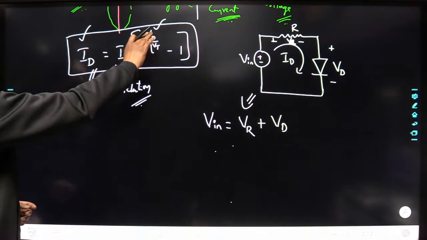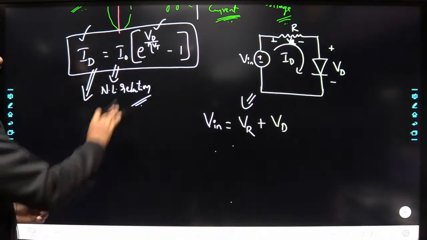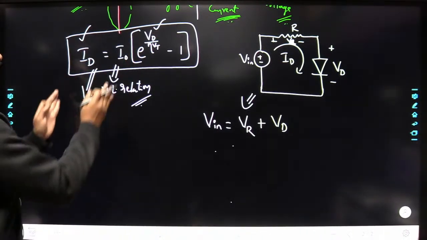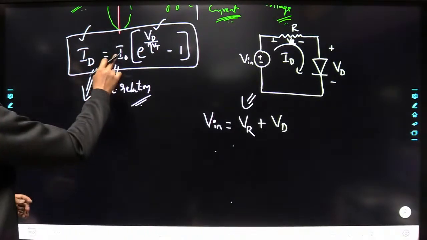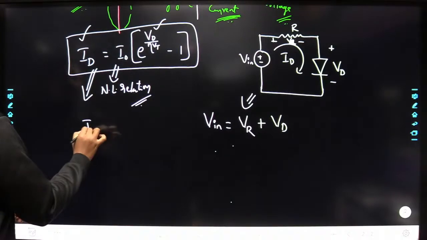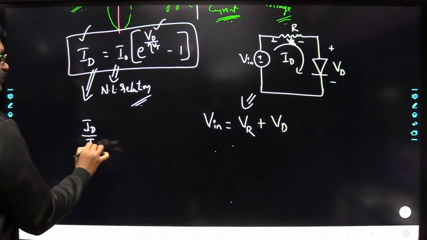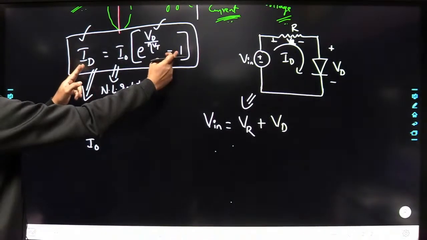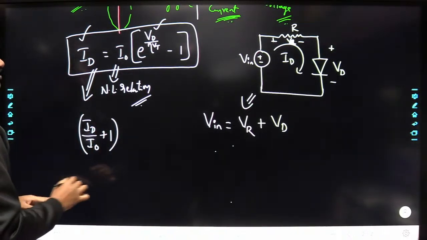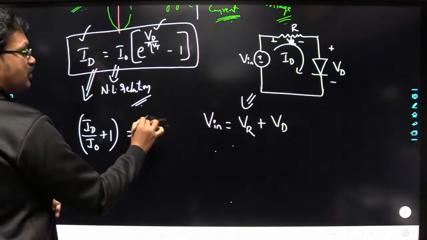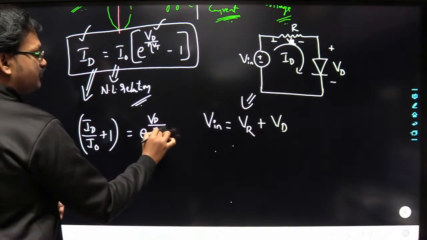I'll try to determine the VD value. How can we determine VD from this? Send I naught to this side, so you will get ID by I naught. Then send this minus 1 to this side, you get plus 1. Next, here you have e power VD by eta VT.